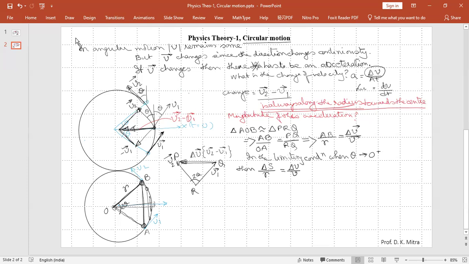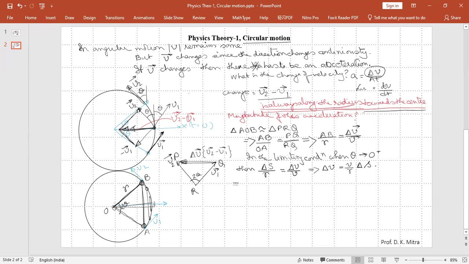The direction we have already found, it is towards the center. So from here, what do we get? Del V, which is the magnitude of acceleration, is equal to V by R multiplied by del S.